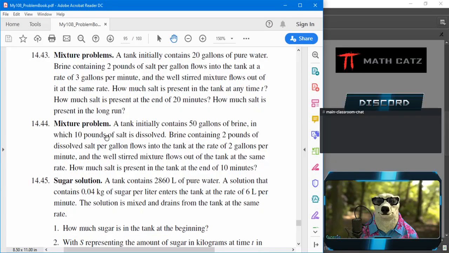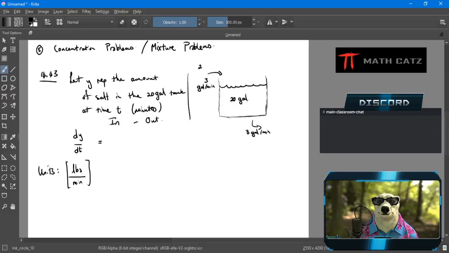Well, they say brine containing 2 pounds of salt per gallon. So 2 pounds per gallon. So now I have here pounds per gallon. I'm going to have to multiply that with gallons per minute to get the pounds per minute unit.